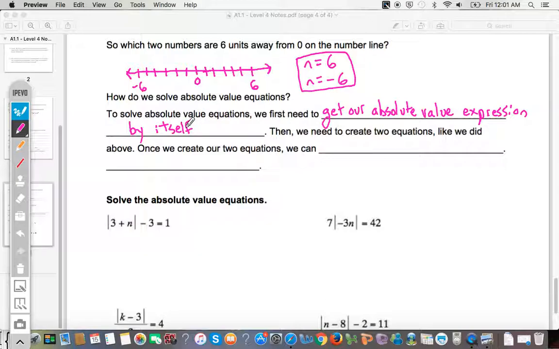Okay, so whatever is contained within those bars, we need to get that by itself. Okay, then we need to create two equations like we did above.